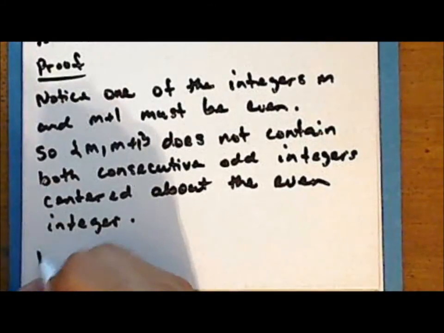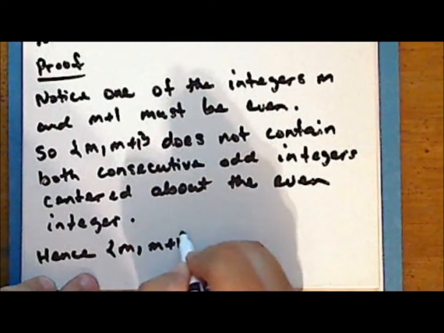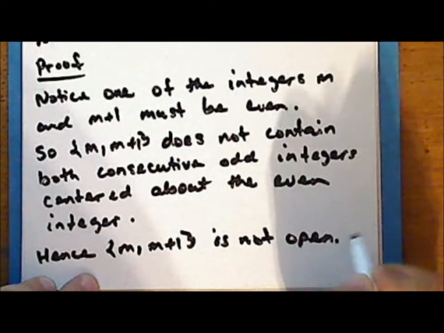And hence the 2-point set, m, m plus 1, is not open.